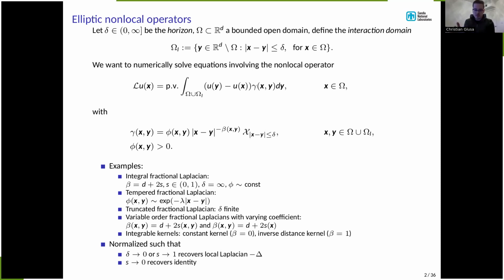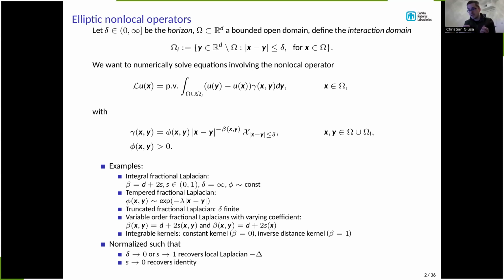Because we have non-local interactions, if we want to impose some sort of boundary condition, we have to instead enforce something on a delta collar around our domain. And here delta is the so-called horizon, which is essentially the length scale over which we have these non-local interactions.